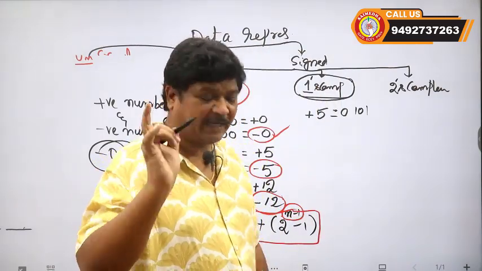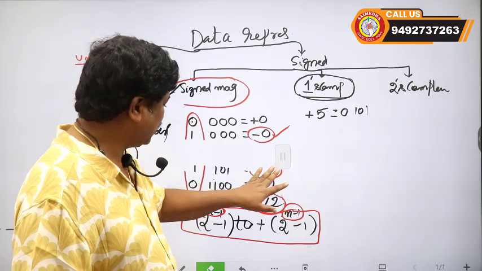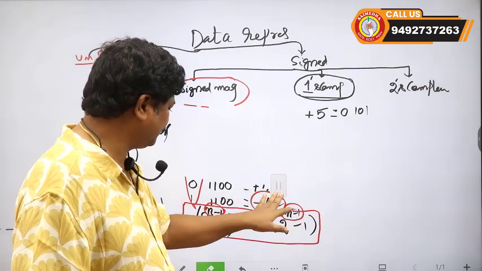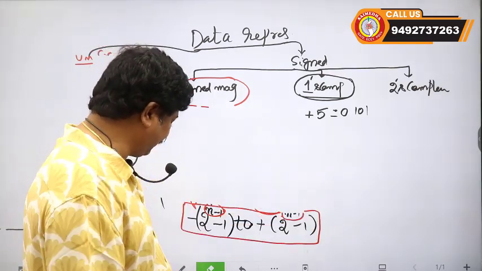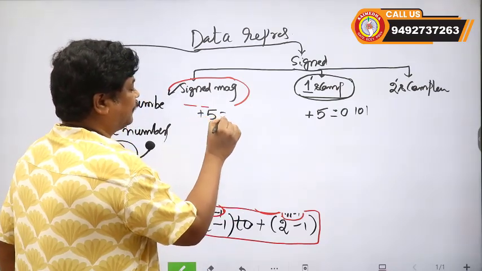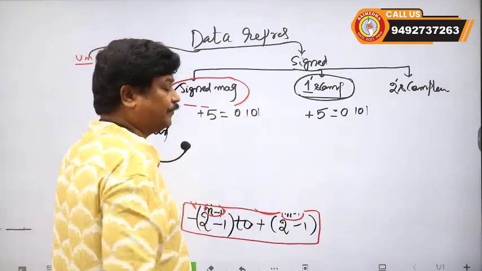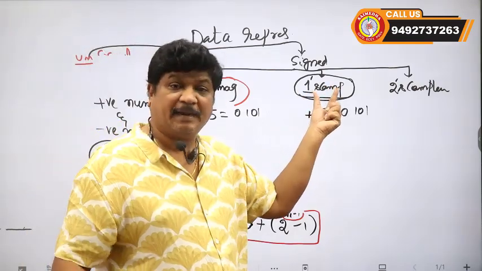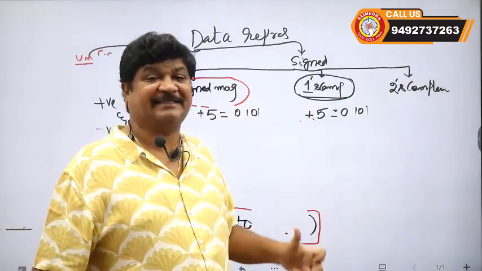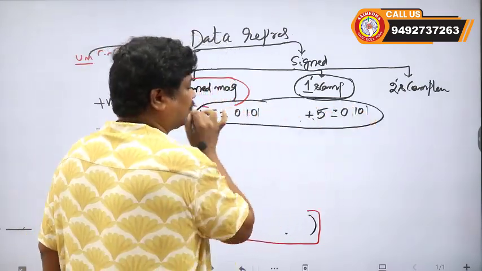We should not modify anything. For example, plus 5 in sign magnitude is 0, 1, 0, 1, and in ones complement representation plus 5 can also be written as it is. That point you have to understand.